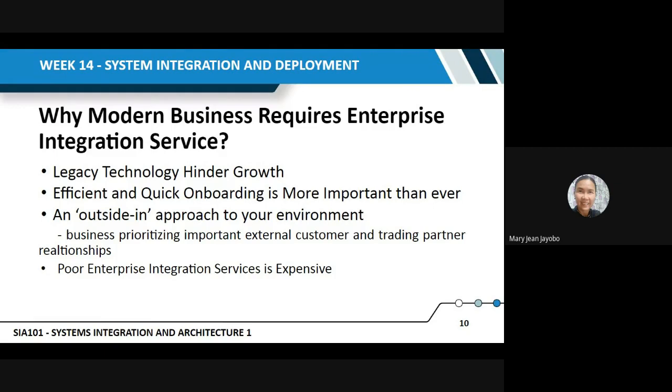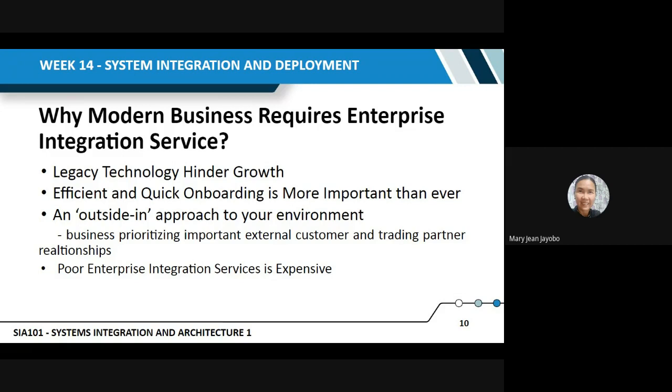But it's on the enterprises to ensure that they meet all the proper requirements to successfully onboard a new member of their digital ecosystem. Okay? So, you want to include other stakeholders in your system. So, kailangan efficient yon at mas mabilisan.